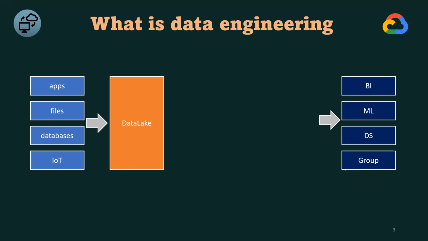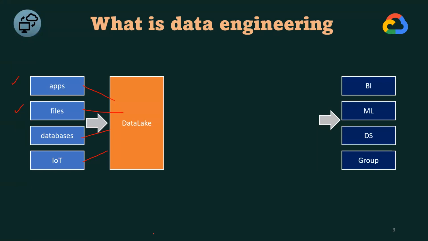For example, you are getting the data from here, here, here, and here. This application may be available in some other server, and this in another server. So you have to extract this data from multiple locations and store it into a data lake.